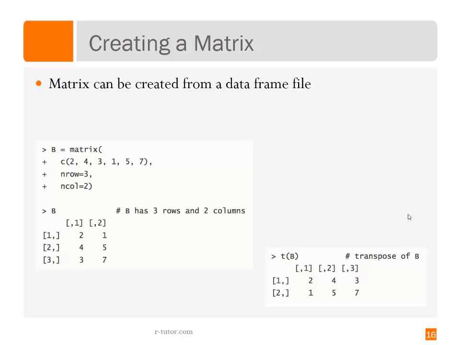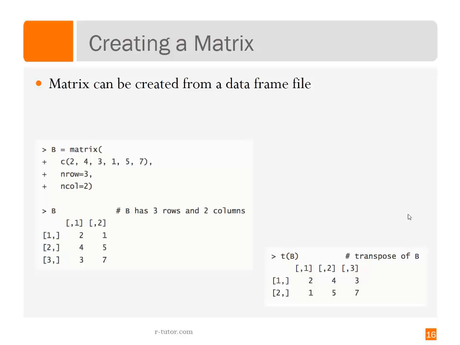And then you'll notice if we interrogate B, once we've created that matrix, it returns the data elements 2, 4, and 3 as the first 3 rows in column 1, and then 1, 5, and 7 as the first 3 rows in the second column.